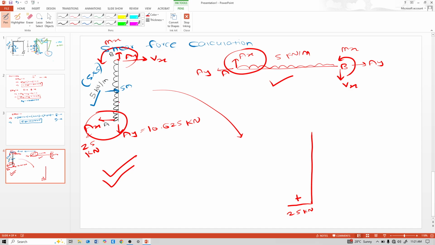In between, AX is positive 25, this 5 kilonewton is downward, that means minus, and 5 into 5, where 5 is UDL and 5 is the total length of this beam. We need to calculate the shear at this point also. So positive 25 minus 5 into 5 UDL and this distance 2.5, so here 12.5.